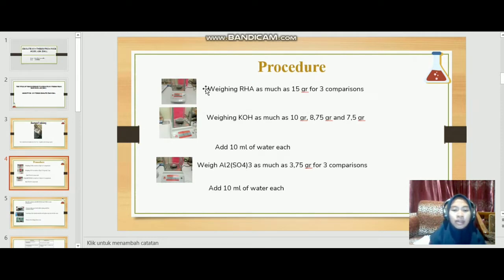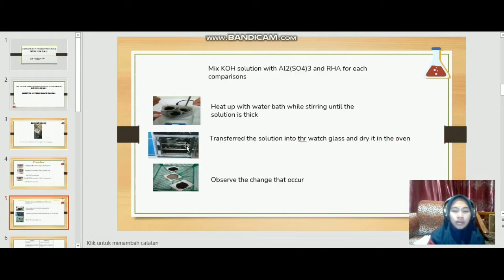Next, weigh Al2(SO4)3 as much as 3.75 gram for 3 comparisons. Okay, next, mix the KOH solution with the Al2(SO4)3 and RHA for each comparison.